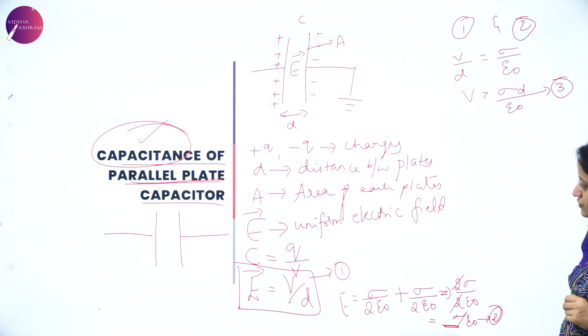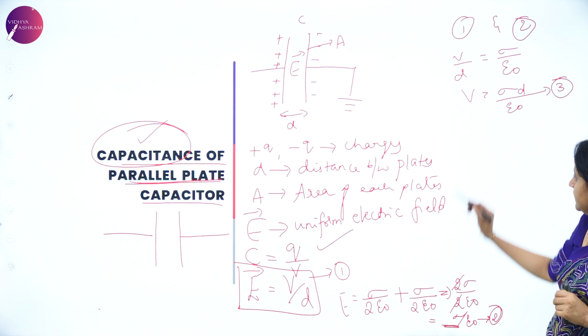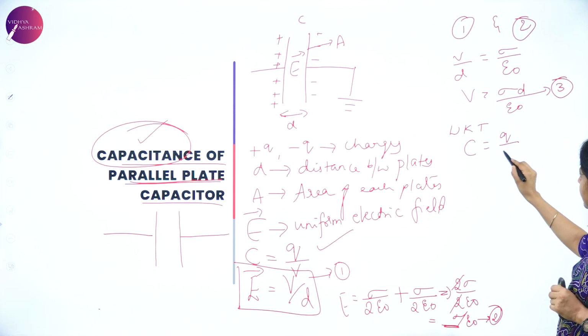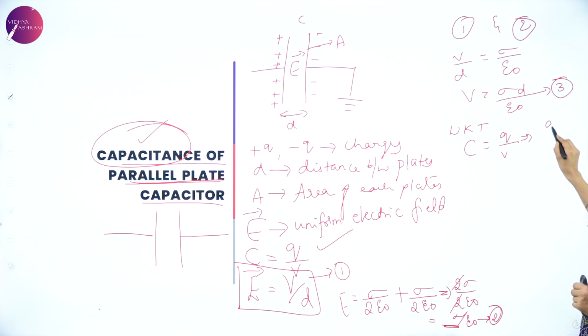This V is useful in finding the capacitance. We know that capacitance C is equal to Q divided by V. So I have Q divided by, in the place of V I am substituting sigma D divided by epsilon naught.